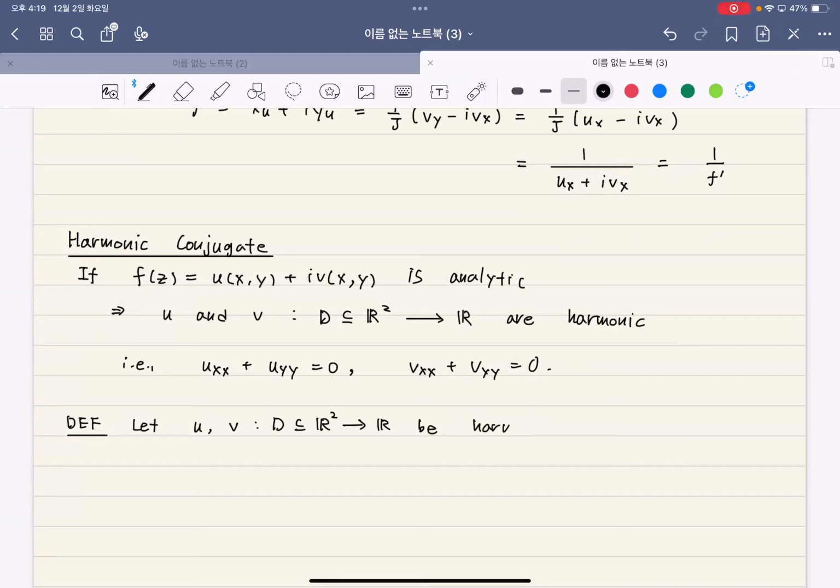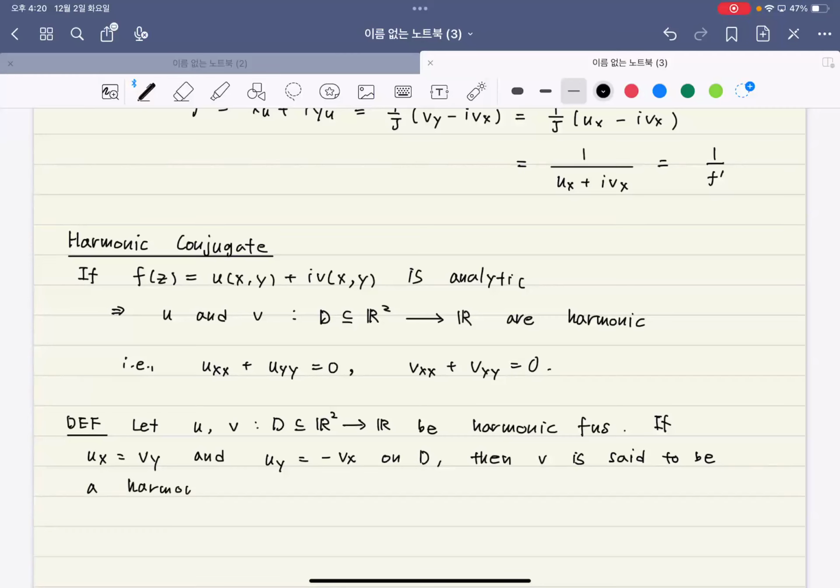If ux is vy and uy is minus vx on D, which is basically the Cauchy-Riemann condition, then v is said to be a harmonic conjugate of u.